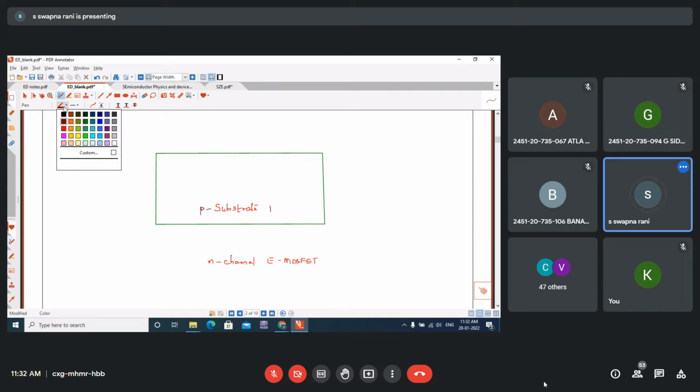The substrate is nothing but a single silicon wafer on which the MOSFETs are fabricated. So it is fabricated on a body or the silicon wafer, which is nothing but the substrate. This is also called the body. So in N channel, the substrate must be P-type.